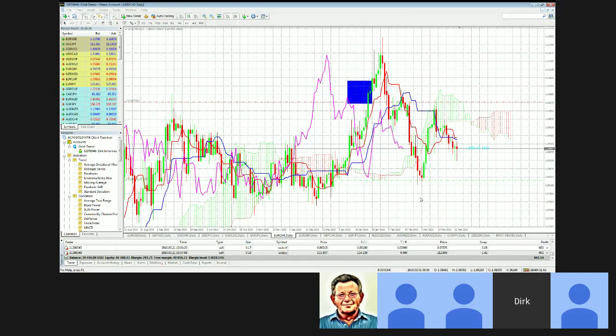Now, question at this point in time. According to the Ichimoku itself, which direction is this trending? Would you guys like me to zoom in?